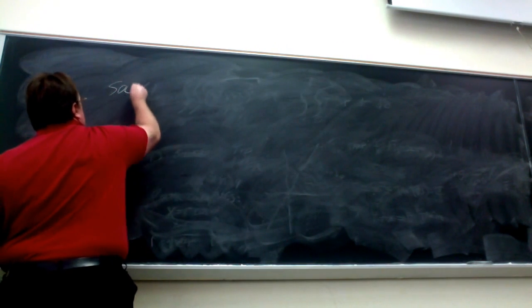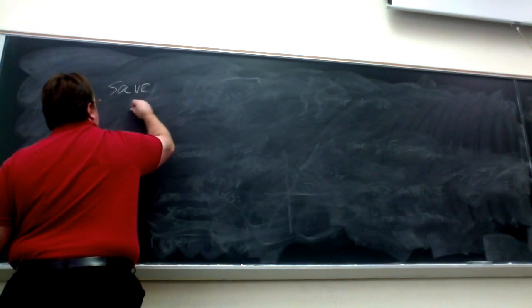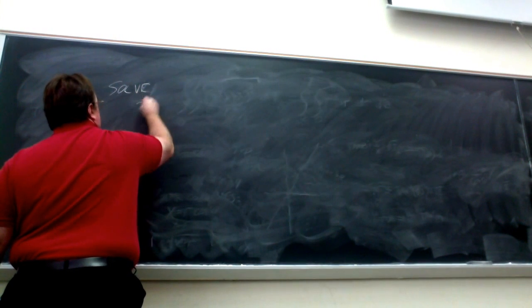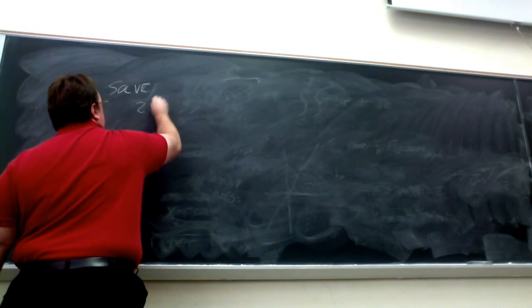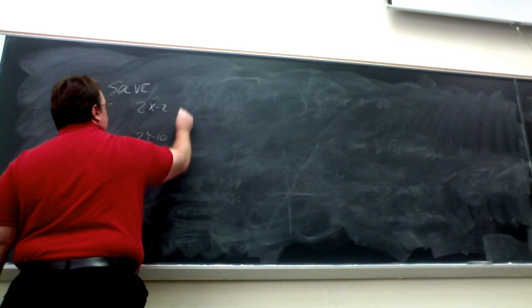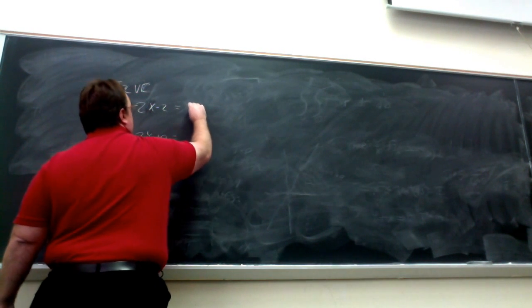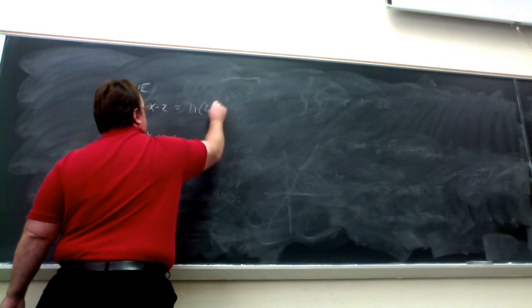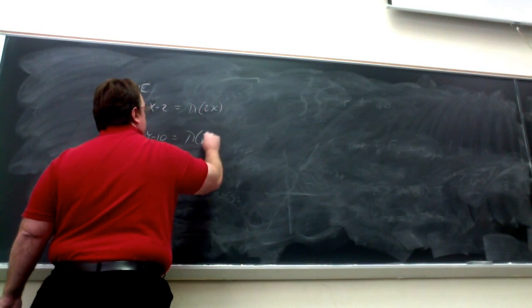So from gradient of f equals lambda gradient of g, we have 2x minus 2, which is fx, and 2y minus 10, which is fy, equal to lambda times 2x and lambda times 2y.